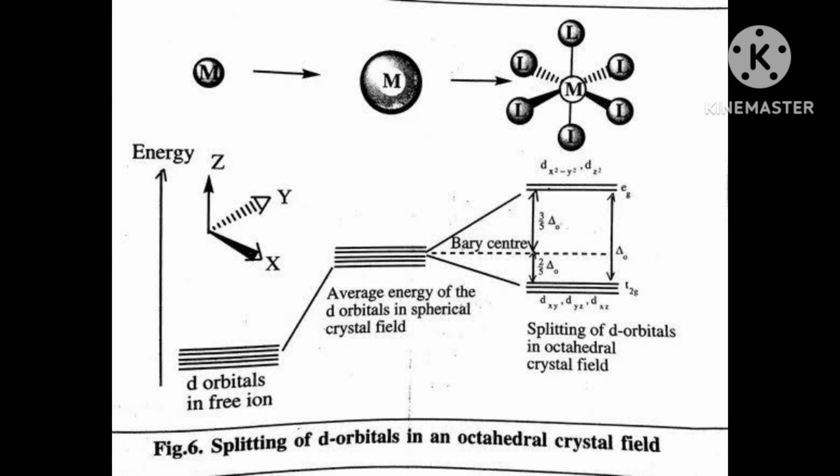In octahedral cases, I am telling you, the single d electron occupies one of the lower energy t2g orbitals, in d2 and d3 coordination entities. Listen carefully.